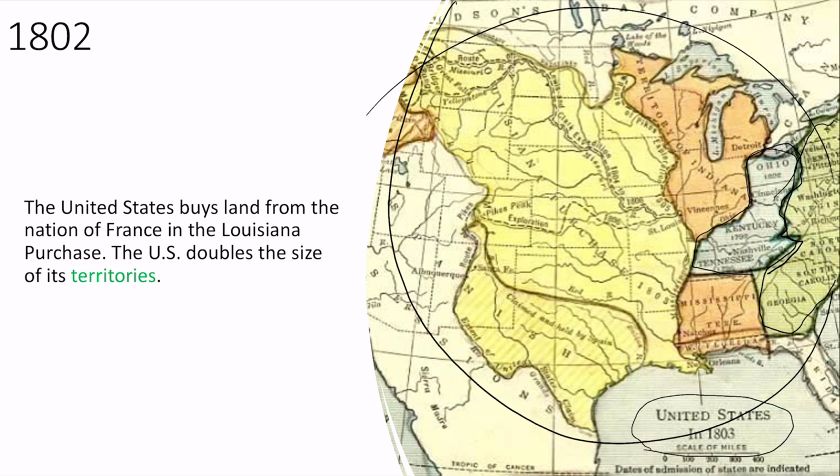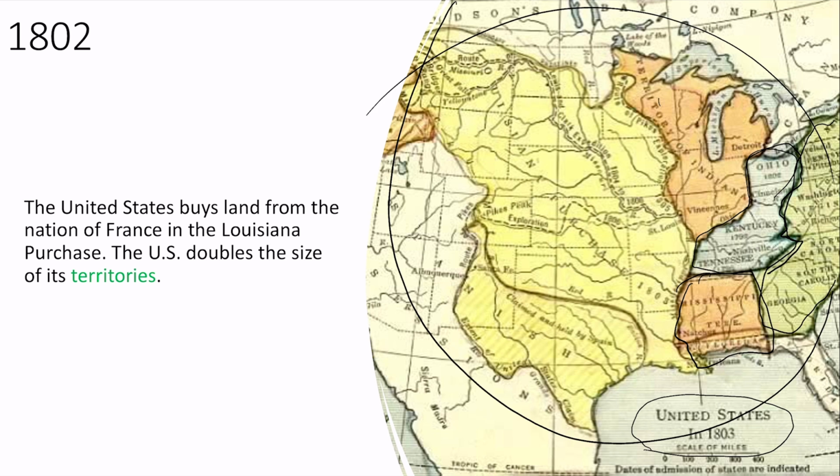And then look, this area in light orange, we can see that this is the territory of Indiana. And here below Tennessee to the south, along the Gulf of Mexico, you can see that this is the Mississippi Territory. And then look at this large collection of land in yellow.